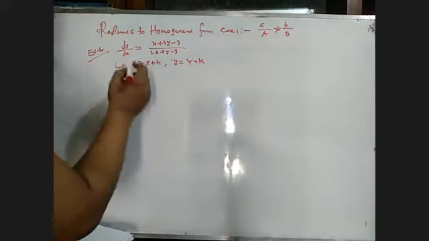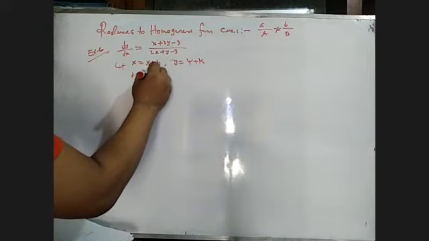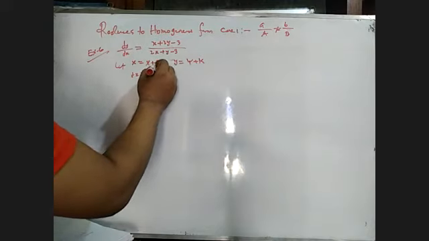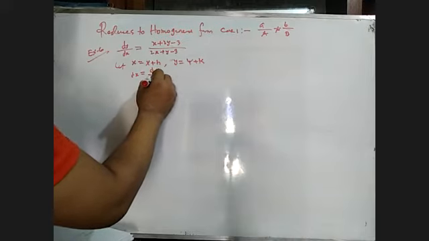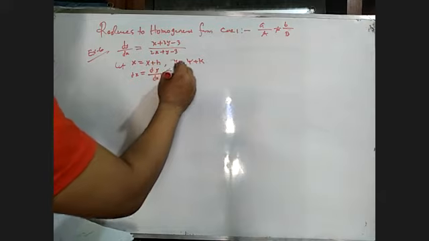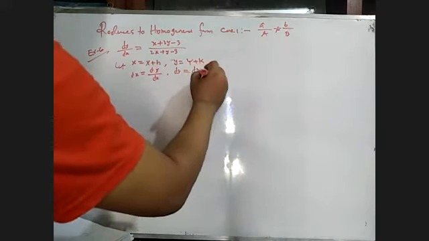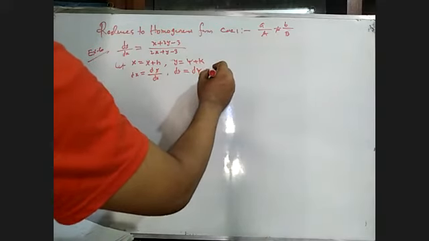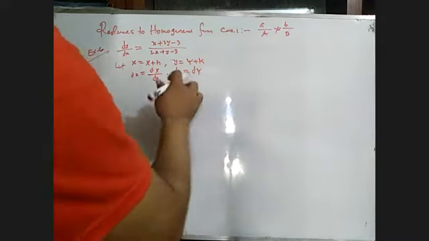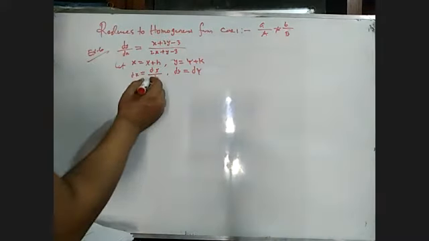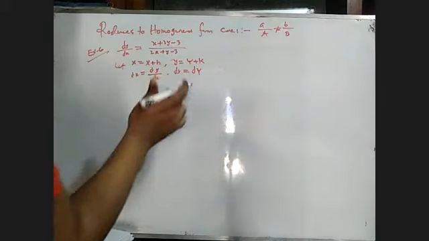Okay, now dx, what will be? dx equals to dX, and dy equals to dY plus 0. That means small dx equals this, and small dy equals this.